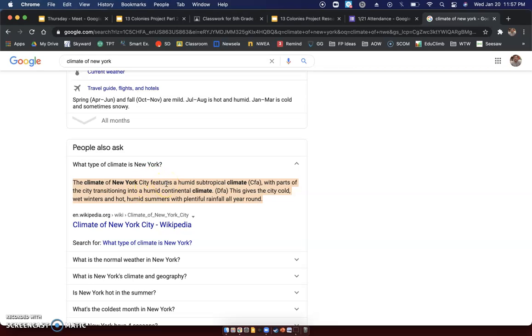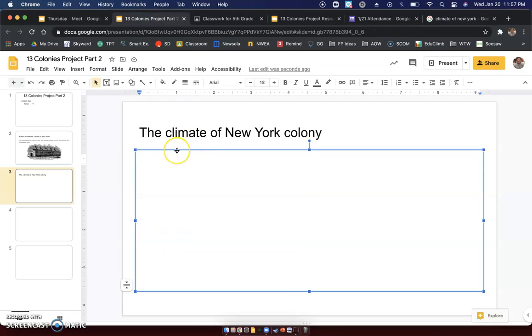We don't care about that. That's nonsense for us right now. What we care about is this gives the city cold, wet winters and hot, humid summers with plentiful rain all year round. All right, so what we're going to say is the climate of New York. Climate of New York included cold winters and hot summers.